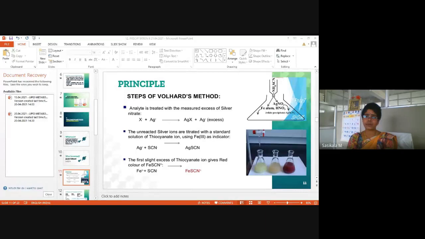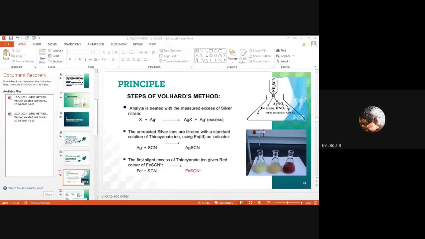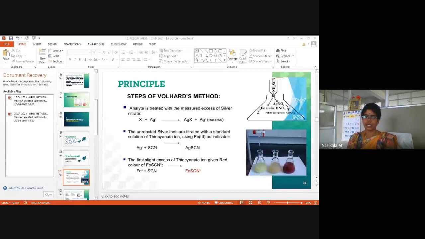Where is silver ion present, in burette or in conical flask? Conical flask. So excess silver ion present in the conical flask is titrated by means of back titration with ammonium thiocyanate present in the burette. Here burette content is ammonium thiocyanate.